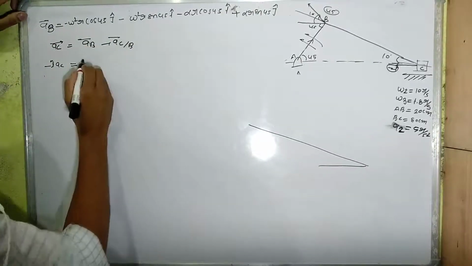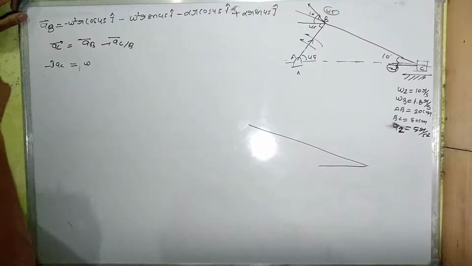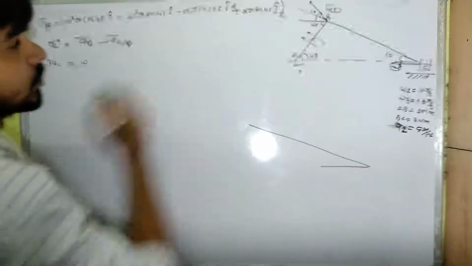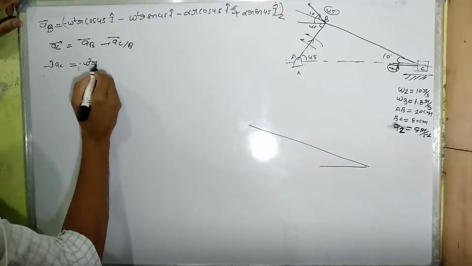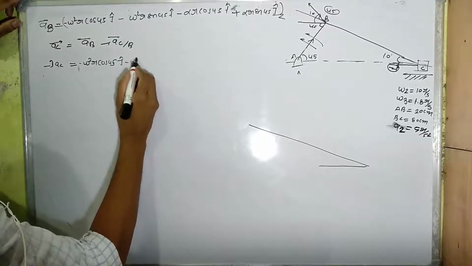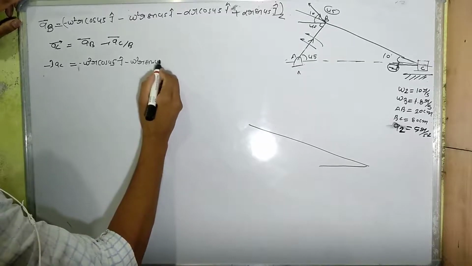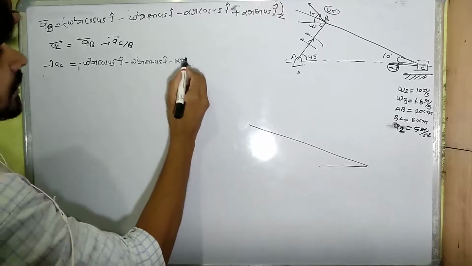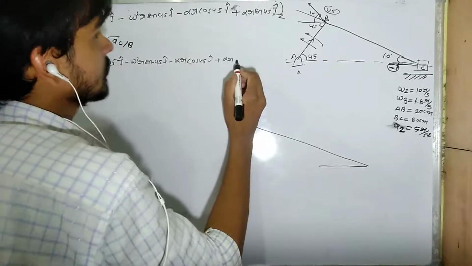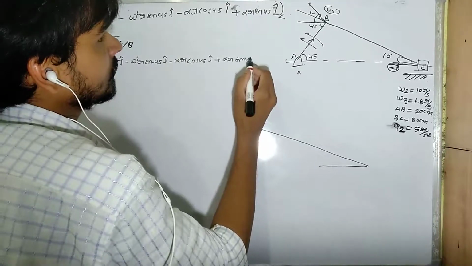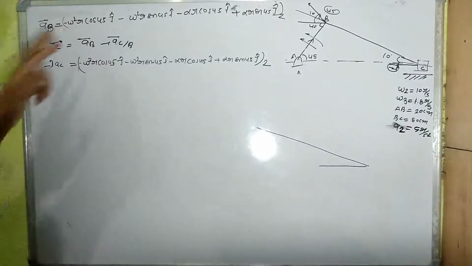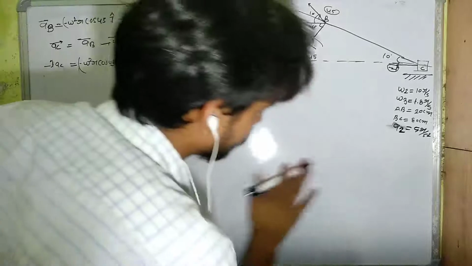So you have to write here, this whole part is for link 2: minus omega square R cos 45 j cap minus omega square R sin 45 I cap minus alpha R cos 45 I cap plus alpha R sin 45 j cap. Omega is also for link 2, R is also for link 2.